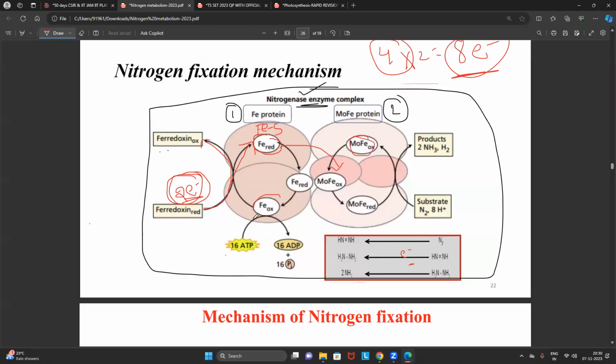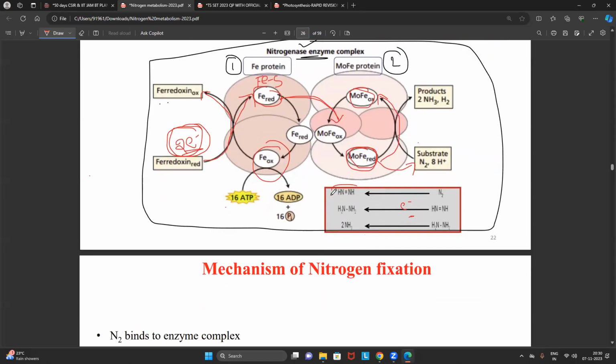Then again, it will also get oxidized because it is donating the electron. Now who will get reduced? Molybdenum iron will get reduced. Now tell me, do you think molybdenum iron will keep it? No, it is sending the electron to N2. Then again, it will also get oxidized back. Then N2 is getting converted into NH double bond NH.